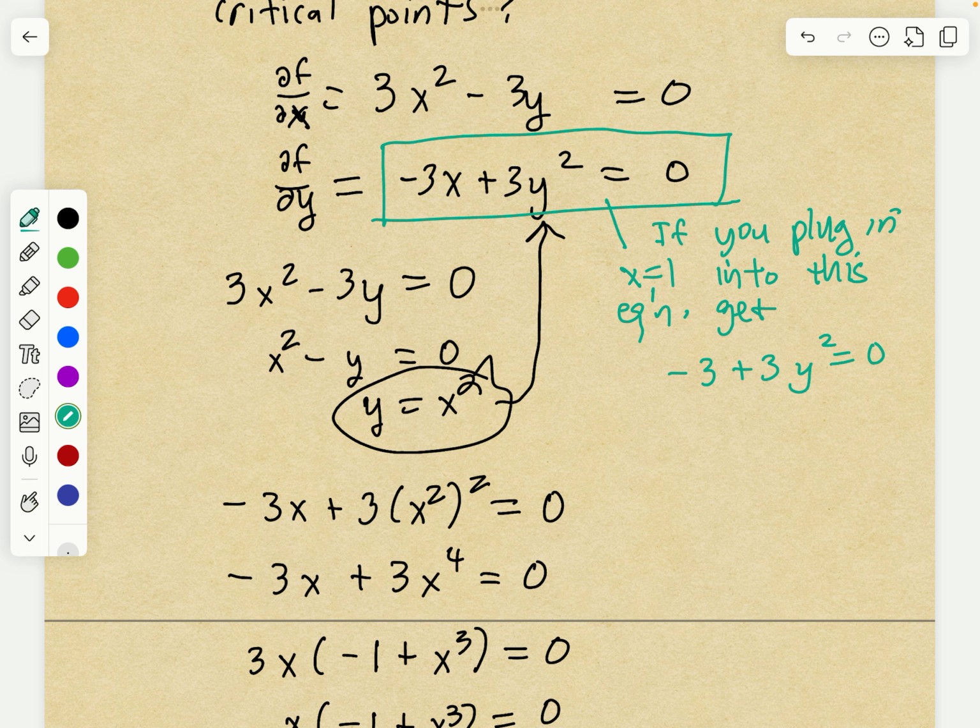Now you can add 3 to both sides. 3y squared is equal to 3. Then divide both sides by 3. y squared is 1. And then you get y is plus or minus 1. So how come that doesn't show that 1 comma negative 1 is a critical point?